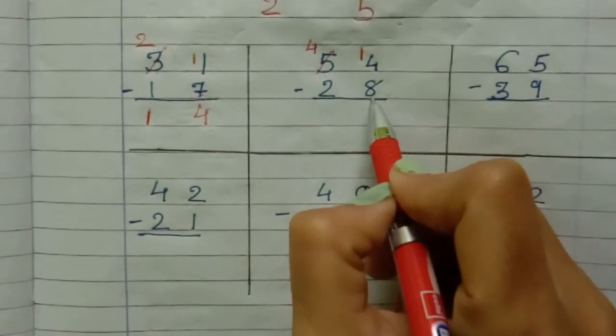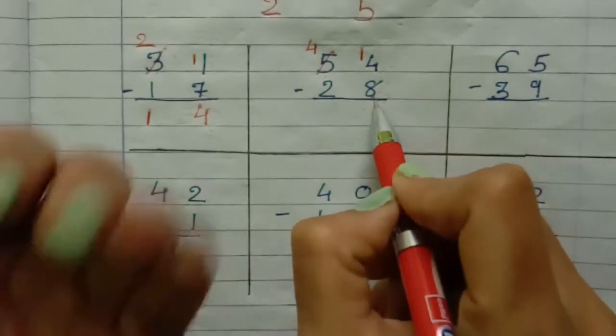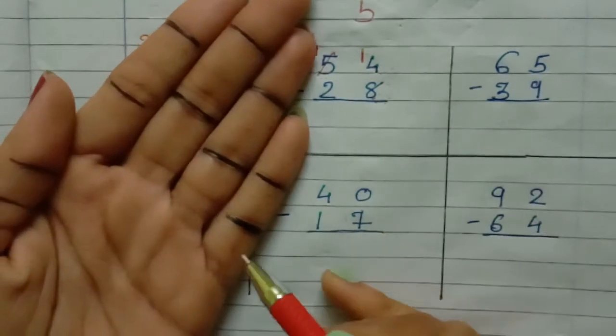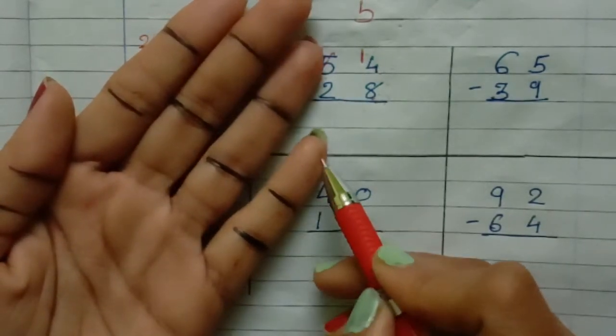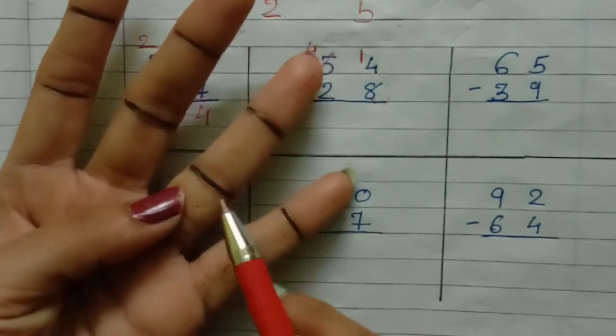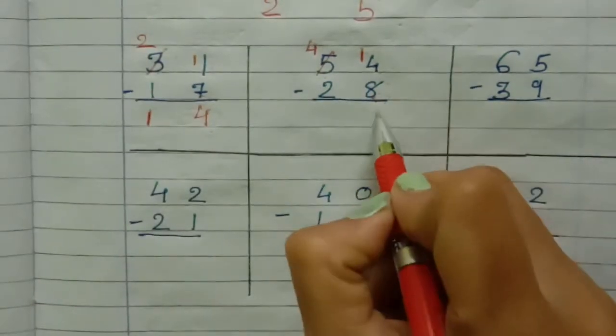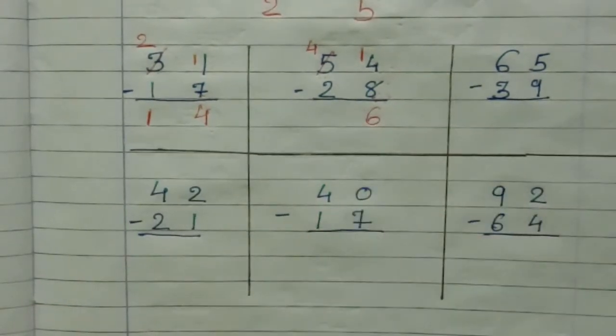From where will we start? We start after 8 till 14. So 8, then 9, 10, 11, 12, 13 and 14. Now let's count: 1, 2, 3, 4, 5 and 6. So write 6 at the ones place.